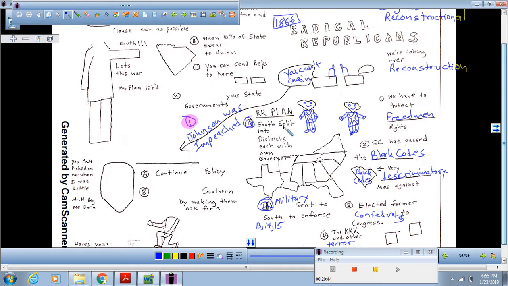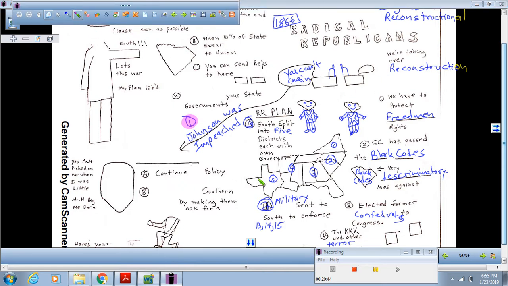And the third part, the South was split into 5 military districts which would be occupied by the military, where South Carolina and North Carolina were District 1, District 3 was Florida, Alabama, and Georgia, District 4, Arkansas, Louisiana, and Mississippi, and District 5, I believe, was just Texas.